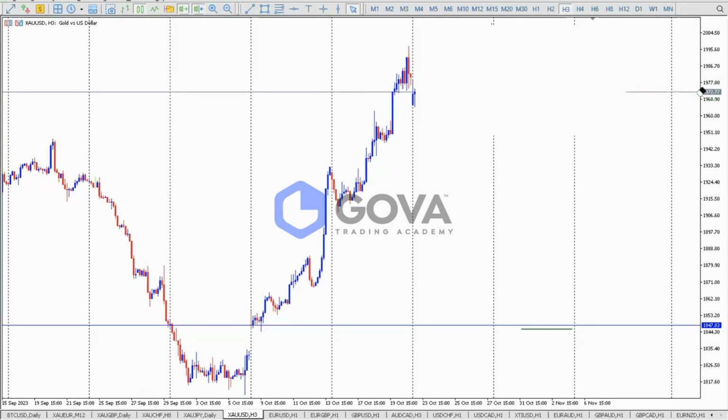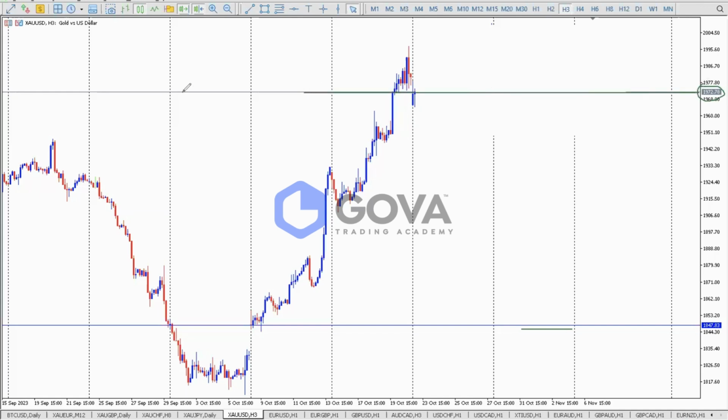Now, always use the current market price as your green line. So let me assume that this current market price here is my green line, and let me mark it out.